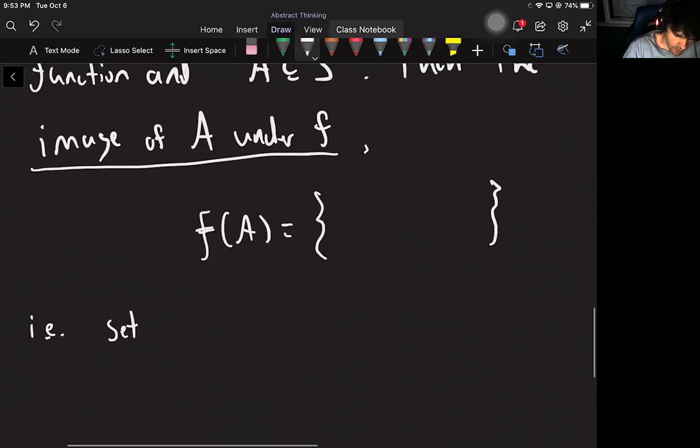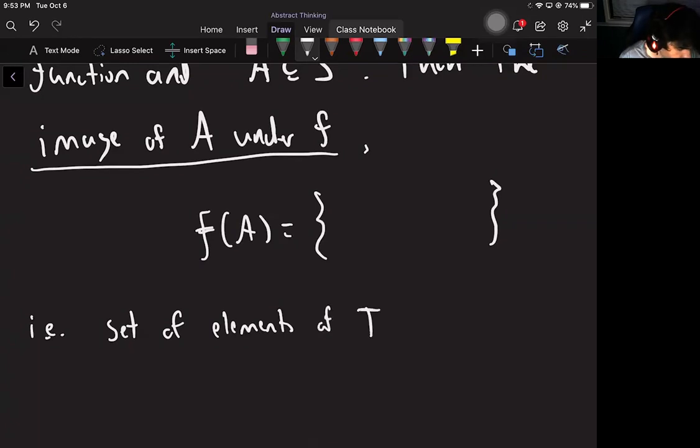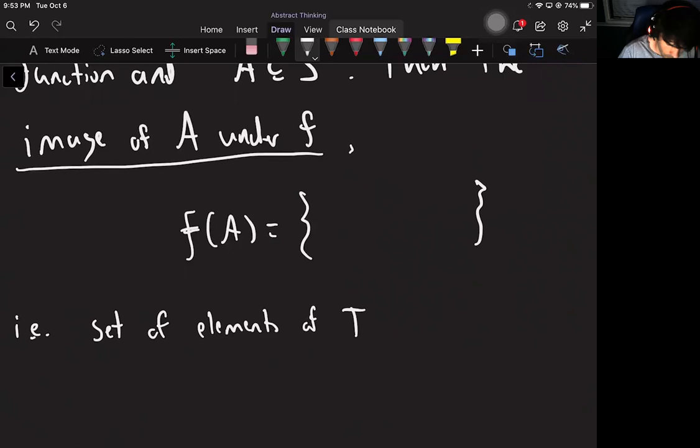So really it's the set of elements of T, maybe not all of them, just some of them, which are outputs, aka f of something.